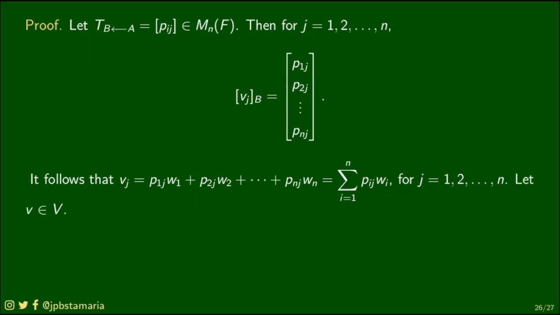So let's now take an arbitrary v from V. Assume that the old coordinate of v, old because this uses the basis A, consists of a1, a2 up to an in columns. This meant that I can write v as a1 v1 plus a2 v2 plus up to an vn, where these are the old basis vectors.